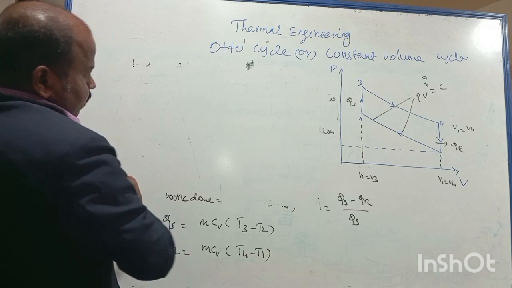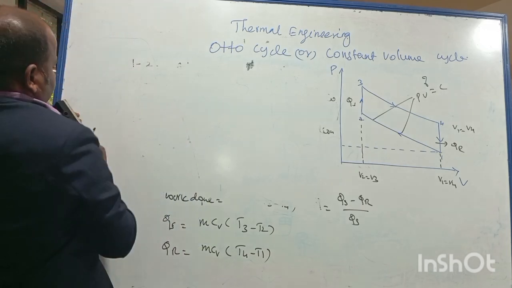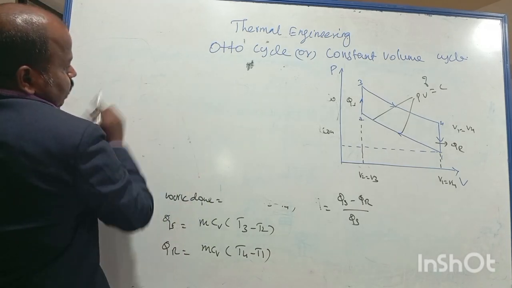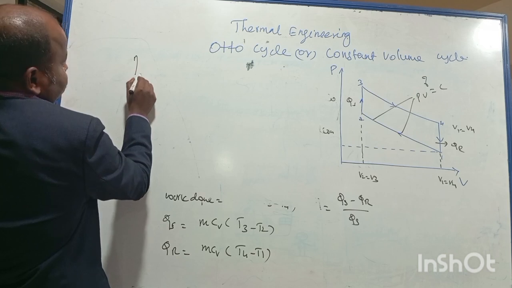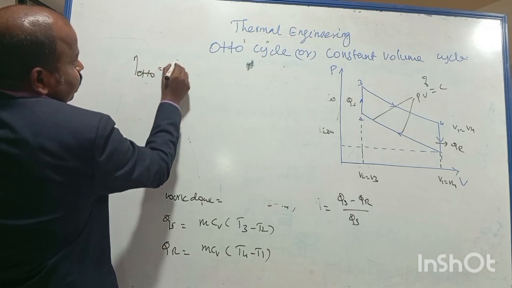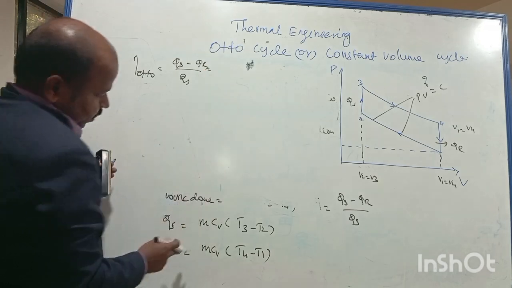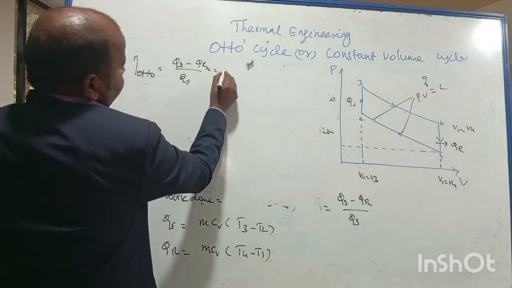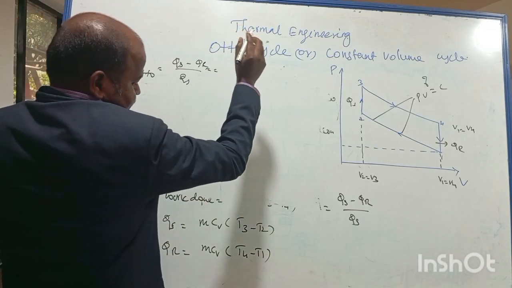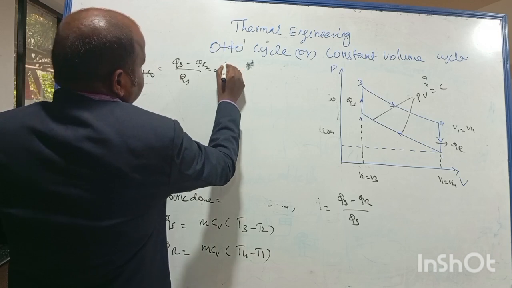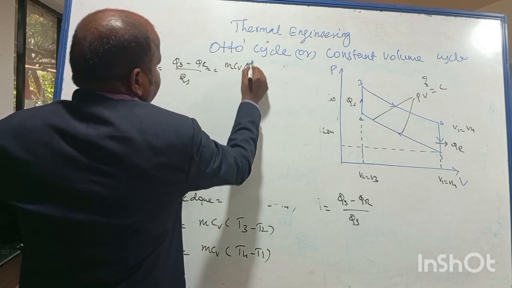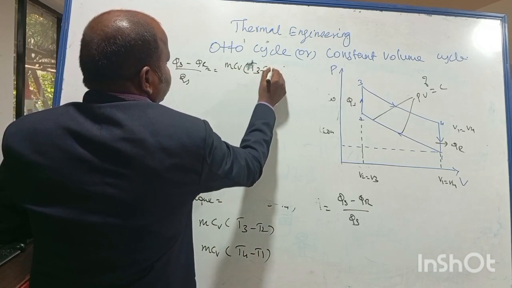Now, the efficiency of the Otto cycle equals (Qs minus Qr) divided by Qs. You know very well what Qs is: Qs is equal to mCv into (T3 minus T2).